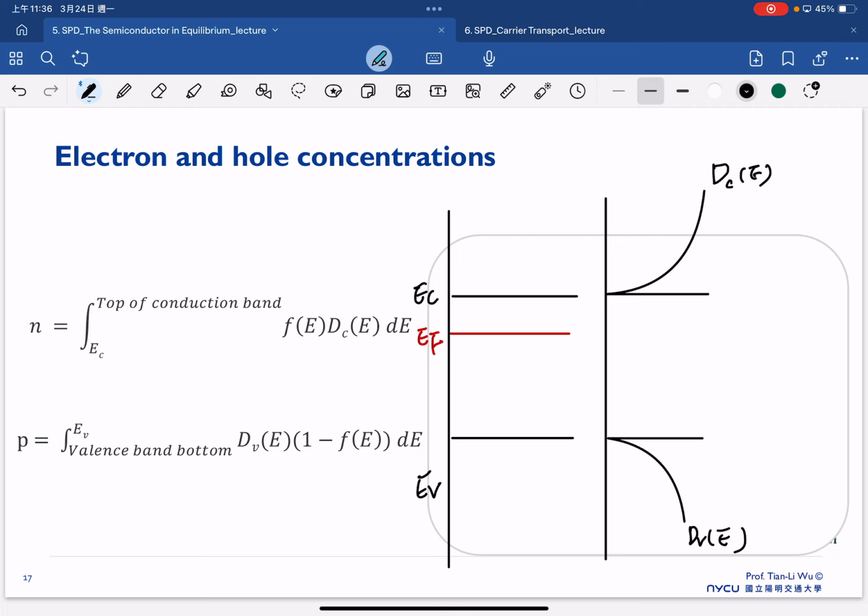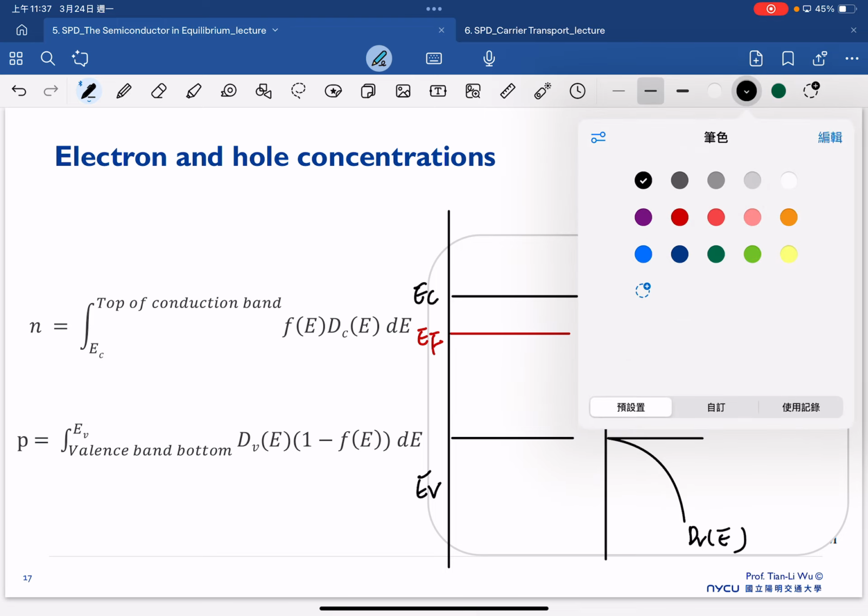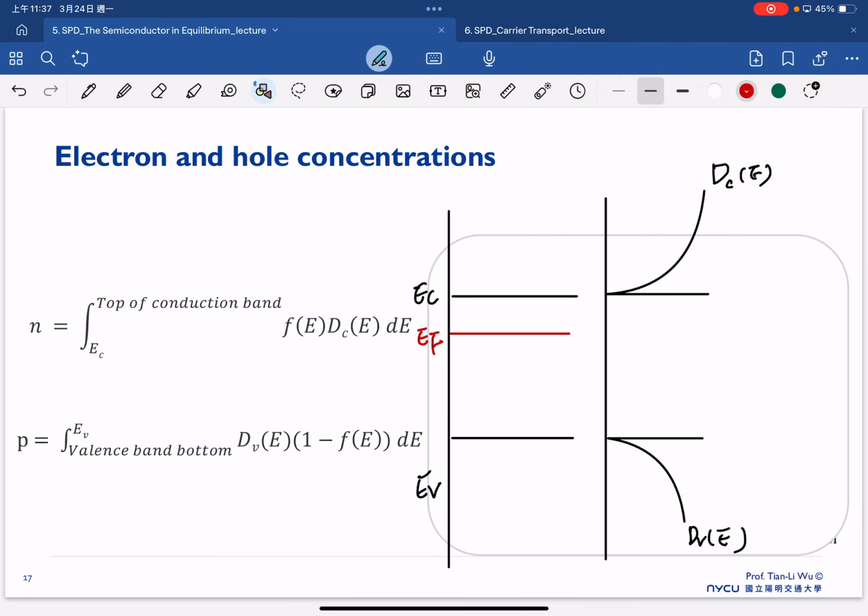So this also will change our distribution. Our Fermi-Dirac distribution will be changed. That means our distribution will shift completely upward, which will look like this.